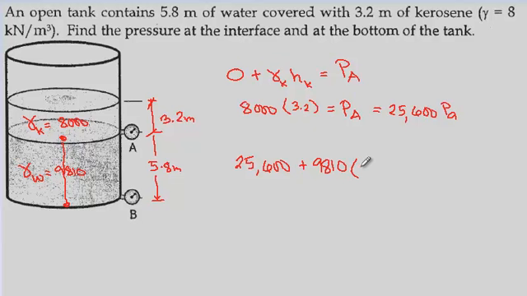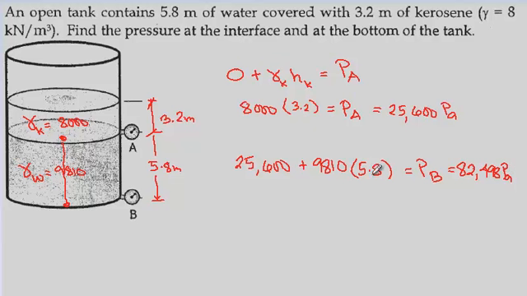That's 5.8. Okay? And that will then be equal to the pressure at point B. That's PB. So simply, therefore, PB is equal to 82,498. The unit, of course, is Pascal.